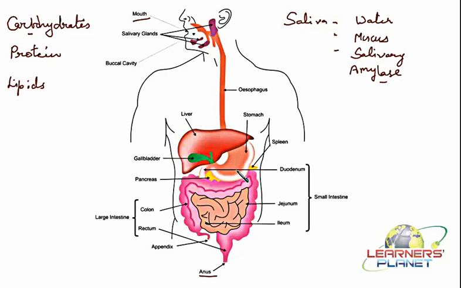In the stomach, gastric juice is secreted. This gastric juice does not have any enzyme which can help in the digestion of carbohydrates. And this is one of the reasons that the digestion of carbohydrate does not occur in the stomach.